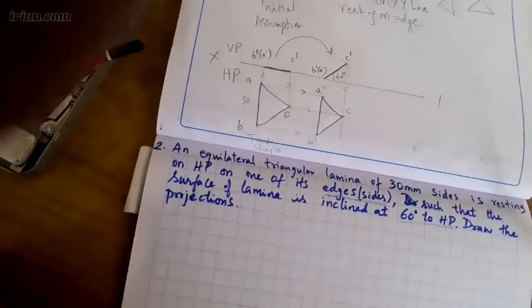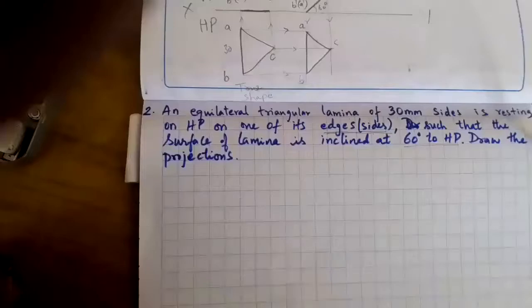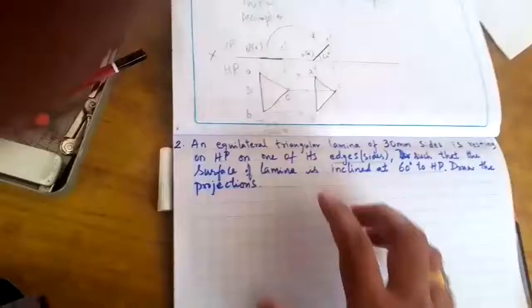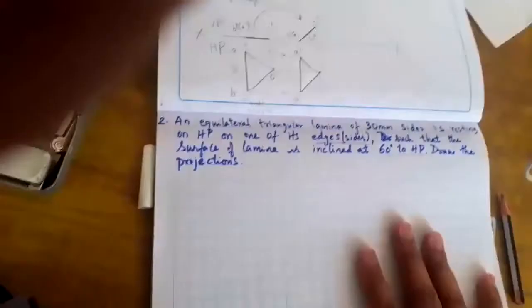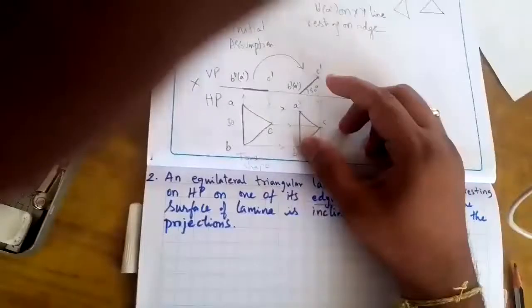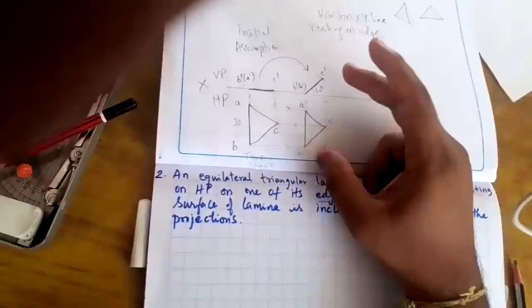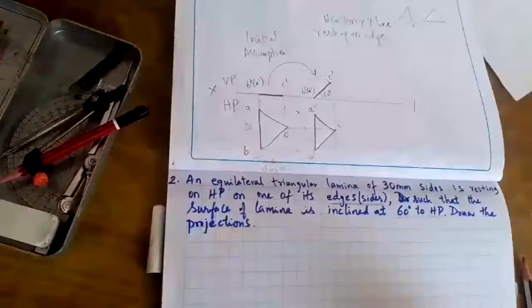Same answer, I'm going to construct it here on the sketch sheet. And I'm going to ask you what is the distance here, what length you have got. Come on, construct it. I'll make it fast.